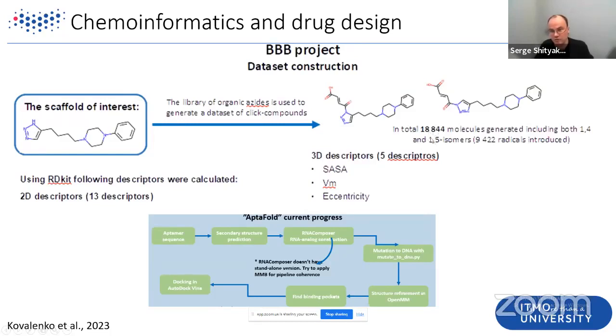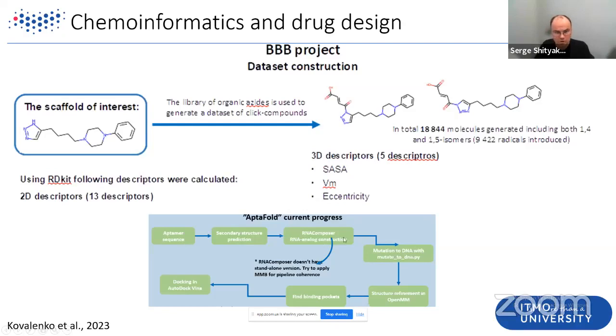So far, we were able to synthesize around 20,000 different substances using some descriptors like SASA, molecular volume, eccentricity, and other descriptors, comprising 13 different descriptors.